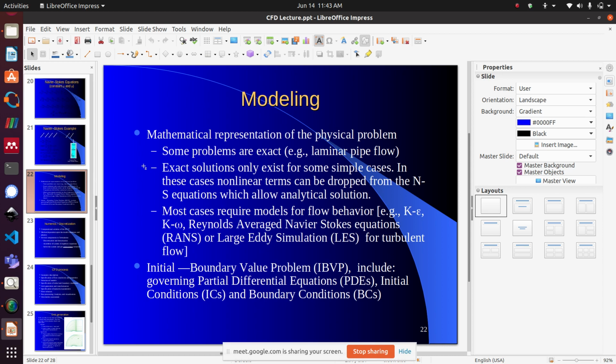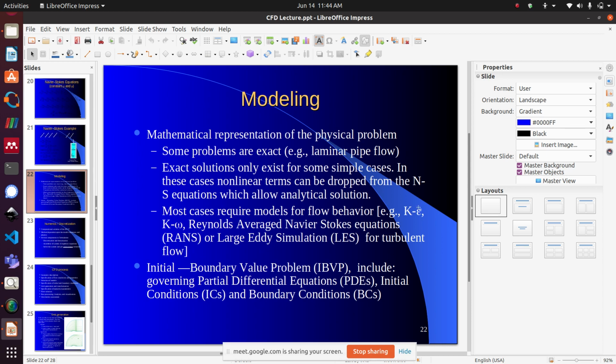In turbulent flow, you have a large number of scales, which is computationally very, very heavy. So you need further modeling. You have to make several assumptions to make the whole system much simpler.